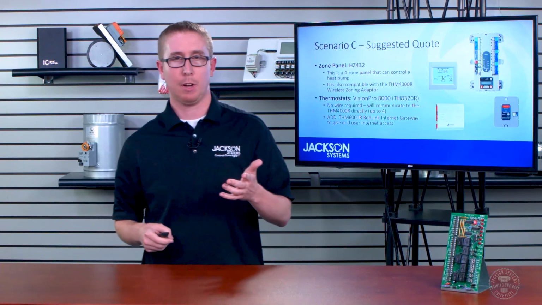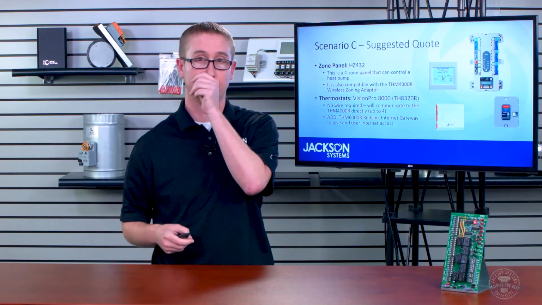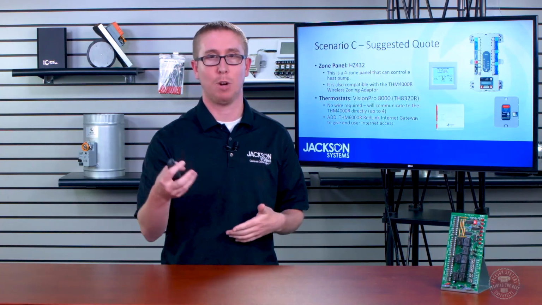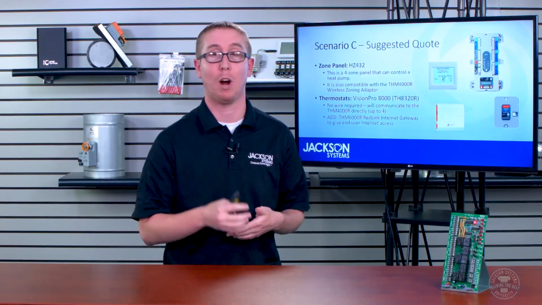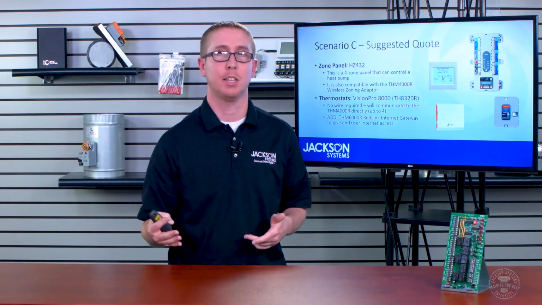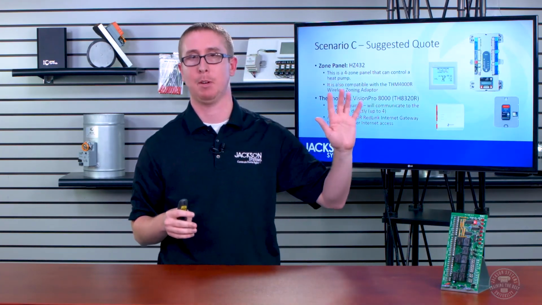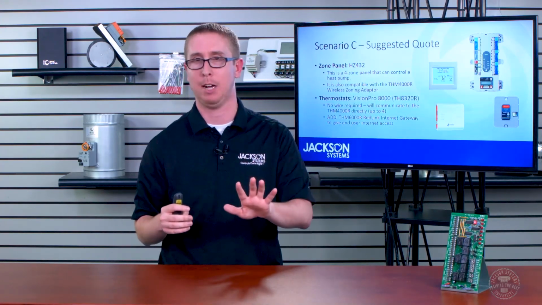So the zone panel that we would probably quote here is the HC432 from Honeywell. This is a 4-zone system, and it can control a heat pump, so we're set. The reason we're choosing this one specifically is that it's compatible with the wireless zoning adapter, which the part number is listed there. What that wireless zoning adapter does is it is just one component, and it allows all 4 thermostats to be wireless, as opposed to all 4 thermostats having their own equipment interface module.